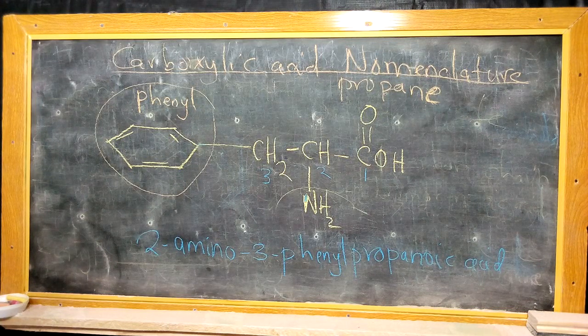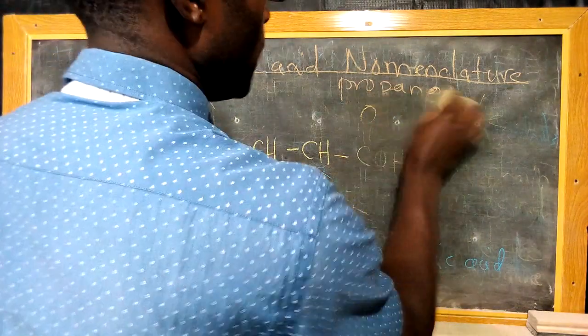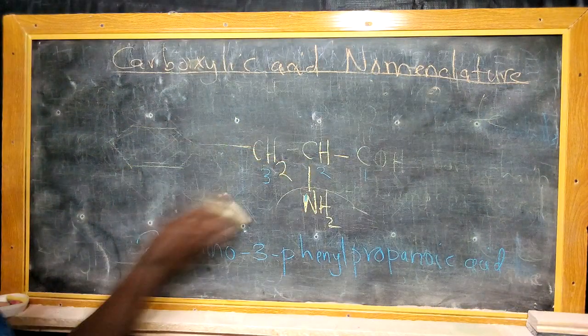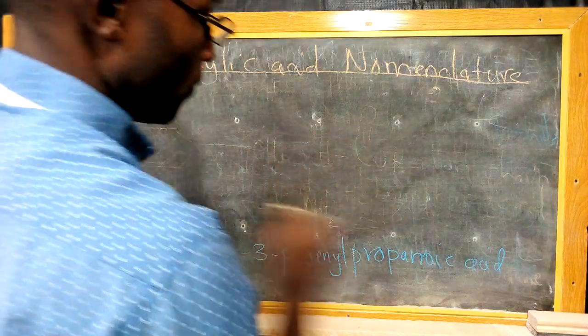Okay, we shall look at a particular example whereby the numbering does not include the carbonyl carbon, and see how the suffix is given. But before that, we shall look at another example and try to give it a name.